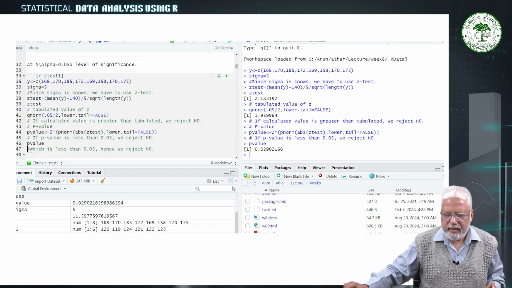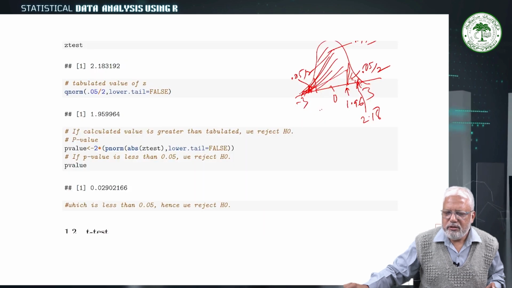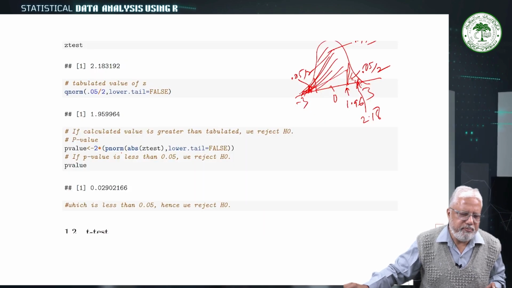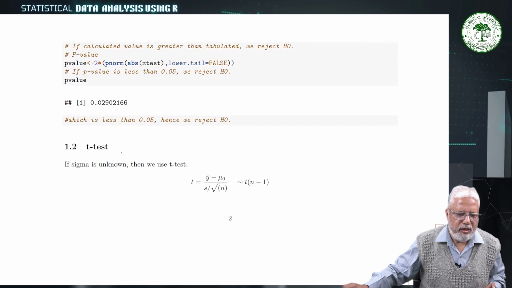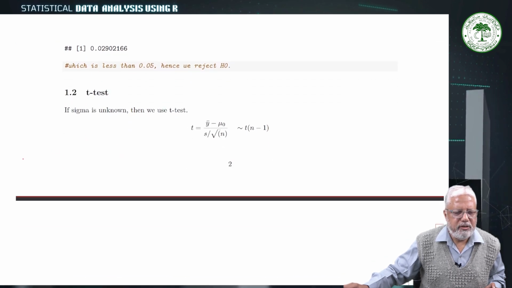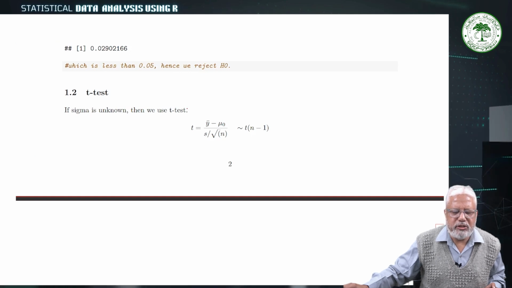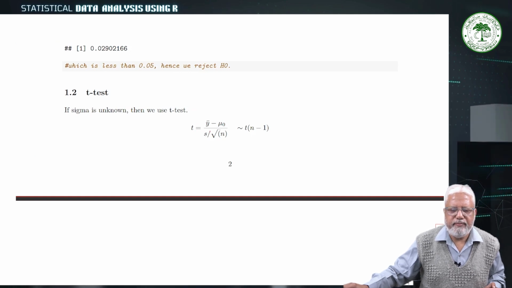Now, this is not the real situation. Sigma square is never known in practice. That's why the t-test is more important, because if sigma is unknown, then we use the student's t-test.